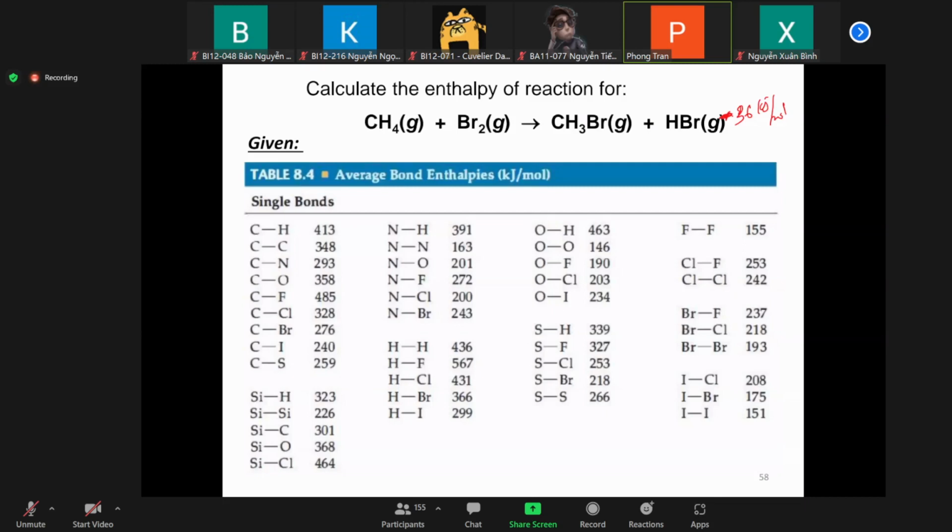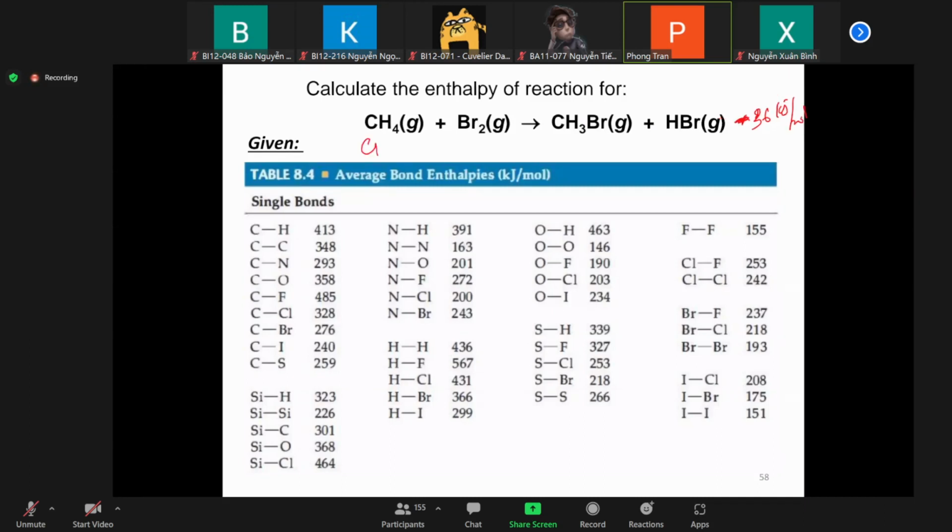Basically, here you have a reaction quite similar: CH4 plus Br2 gives CH3Br plus HBr.